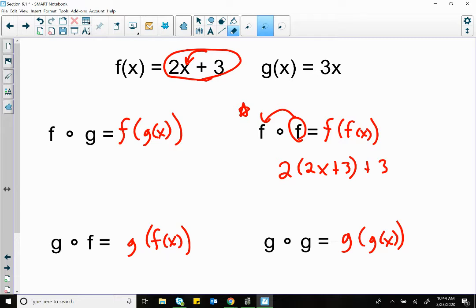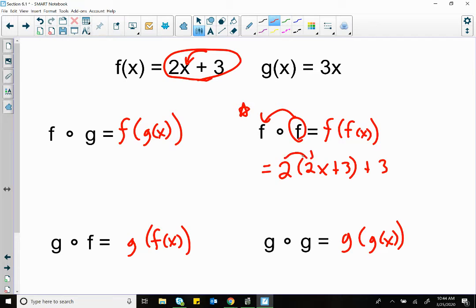That's what it looks like when you do compositions. You're just taking a function and plugging it into another function, and this one just happens to be itself. And all they want you to do now is simplify it. Do any distributing, combining like terms, that stuff. You're not solving, okay? You are writing a new equation.